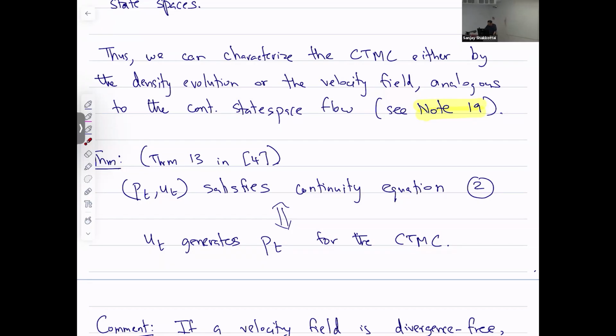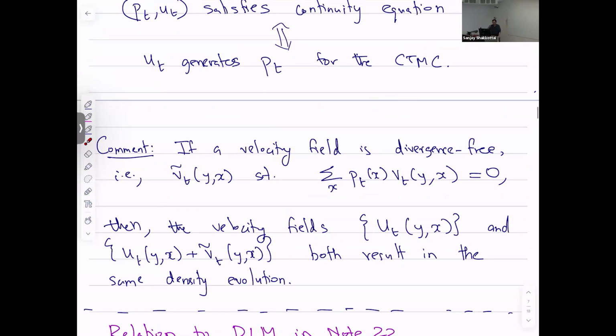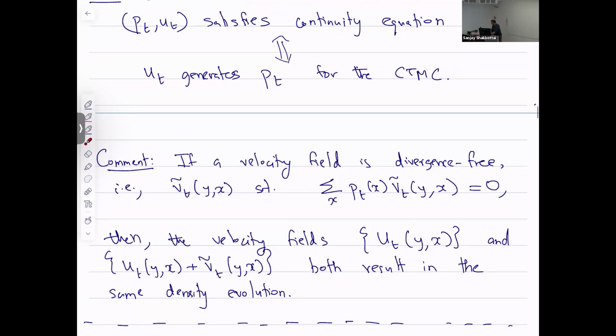That's all. Okay. There's a second thing that's actually useful for discrete flows, discrete vocabulary continuous flows, which is the following. Suppose a velocity field is divergence free, meaning you find a V tilde such that the summation over all x of PT V tilde is 0. Then you see that the solution here need not be unique.